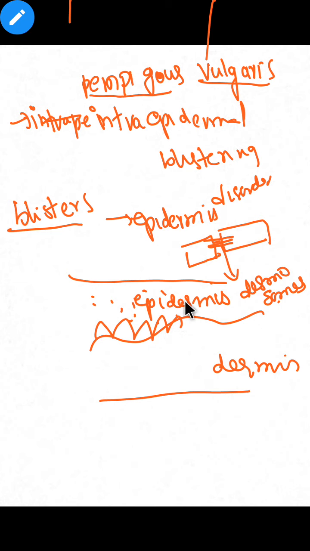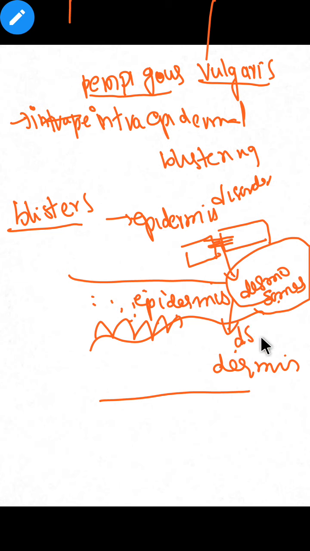In Pemphigus vulgaris, there is a defect in these desmosomes. Basically, there is formation of autoantibodies against these desmosomal proteins like desmoglein 1 and 2.